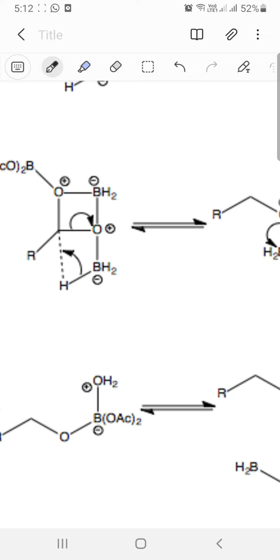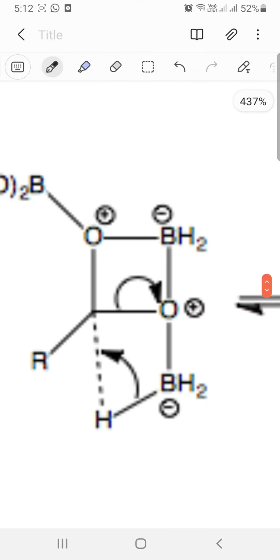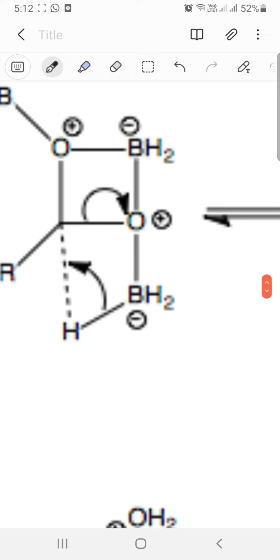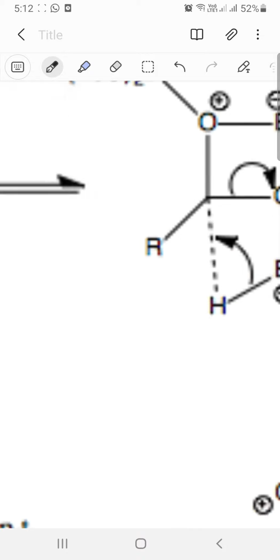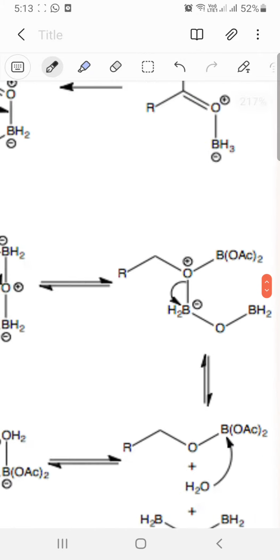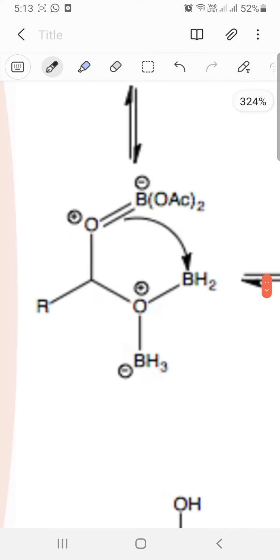Okay, so this oxygen is over there and this oxygen is over there. Cool. And then once again just have another hydride shift over there, right? And yeah, the hydride shift just releases this bond over there. Cool. Yeah, that seems correct.